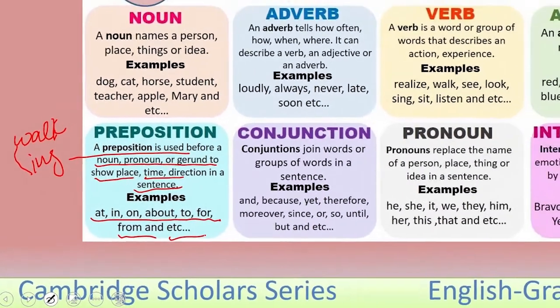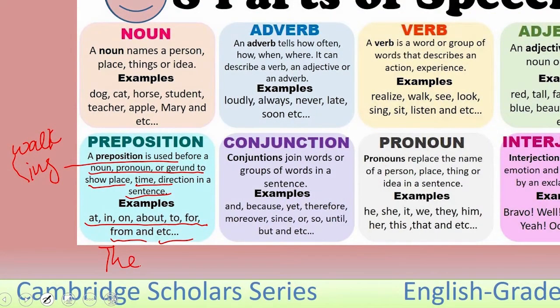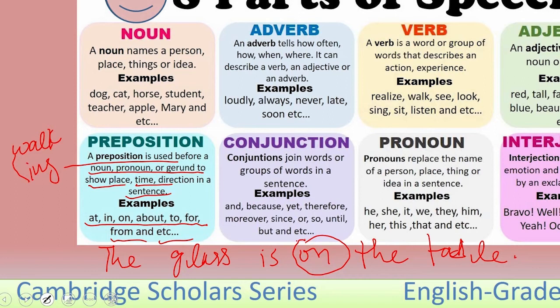Let me give you an example. The glass is on the table. Here, on is a preposition. It is referring to the noun glass.